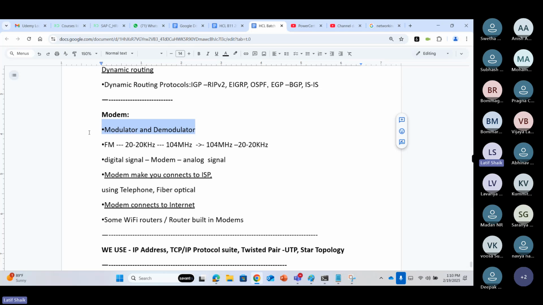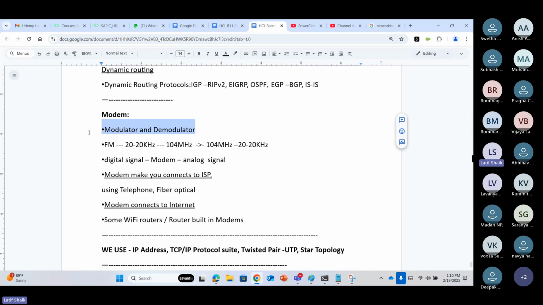Based on your subscription, it allows you to connect to the internet with a dedicated bandwidth speed, based on what subscription you have taken. So a modem is used to connect to the internet. It makes a connectivity to the ISP, and through the ISP you are able to access the internet.